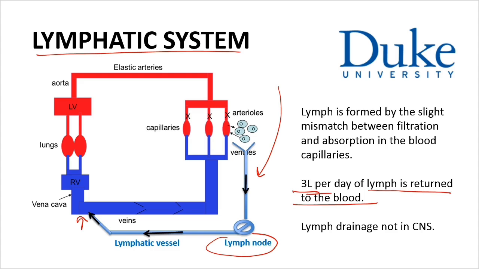So this is actually a fairly significant amount of fluid that needs to be returned from the tissues back into the circulatory system. The lymphatic drainage is found in almost all parts of the body, but it is not present in the CNS. And disruption to this lymphatic system can have profound effects on edema within the tissue.